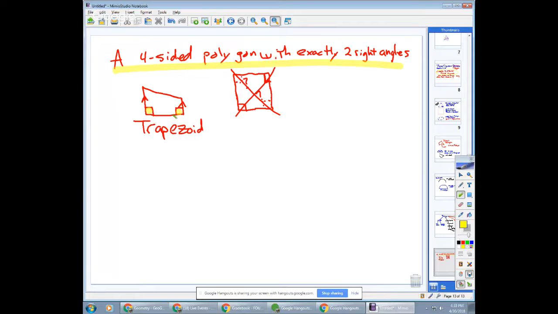Question, do the right angles have to be next to each other? No. So draw 2 right angles that aren't next to each other and see what happens. I tried doing that here, but what did I assume when I did that?